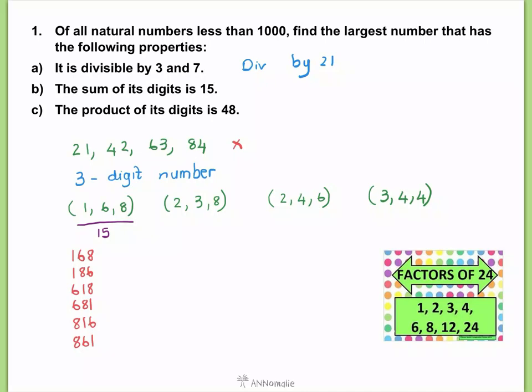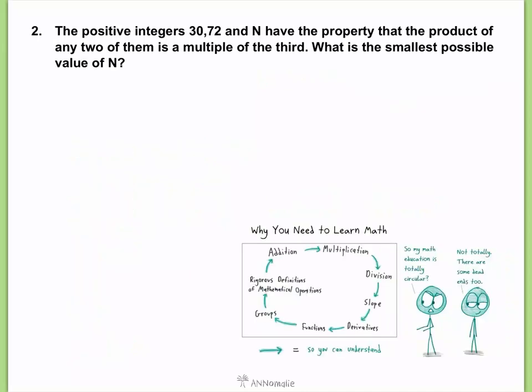If we divide by 7, we will find that only 168 and 861 are divisible by 7. And of these two, the largest number that has all of these properties will then be 861.